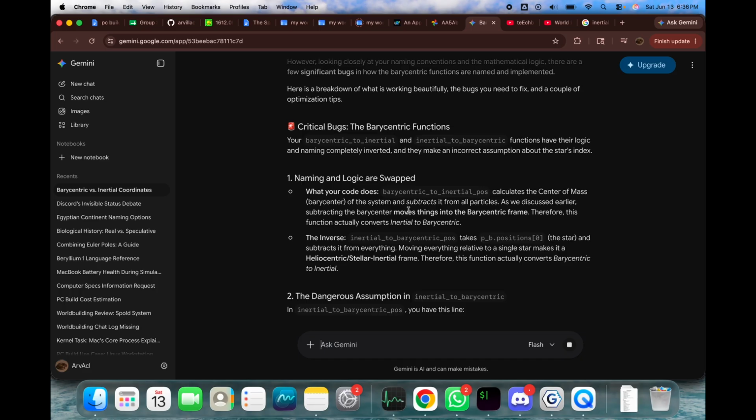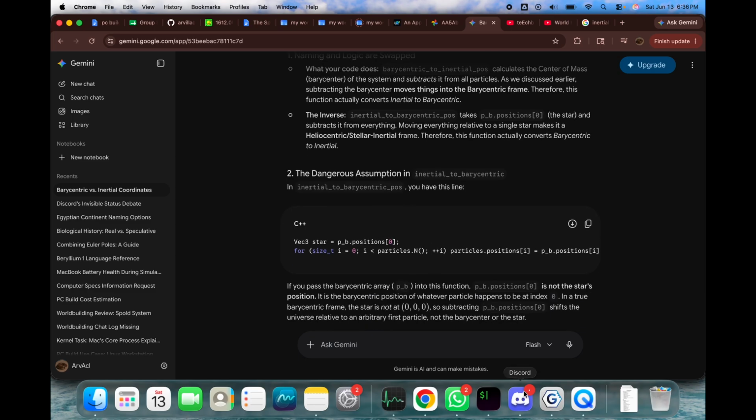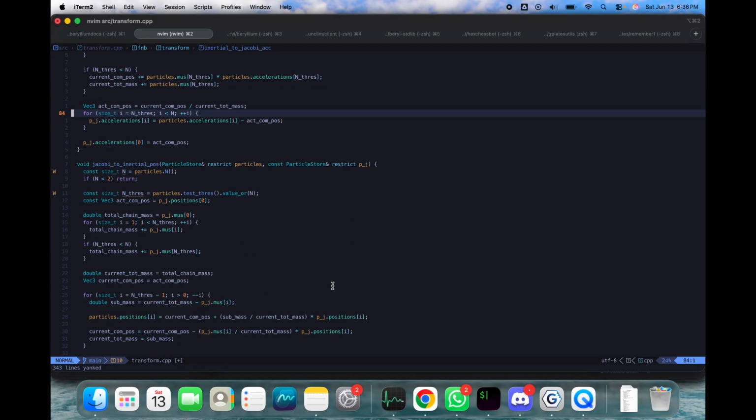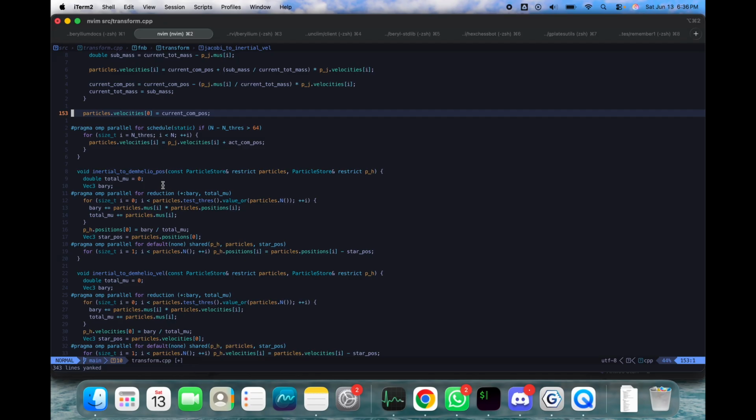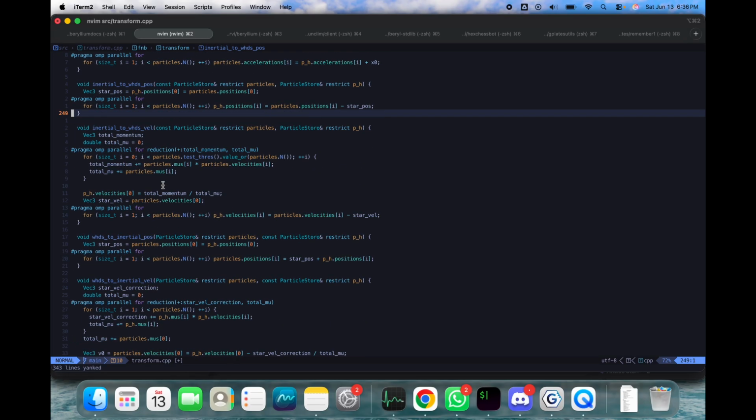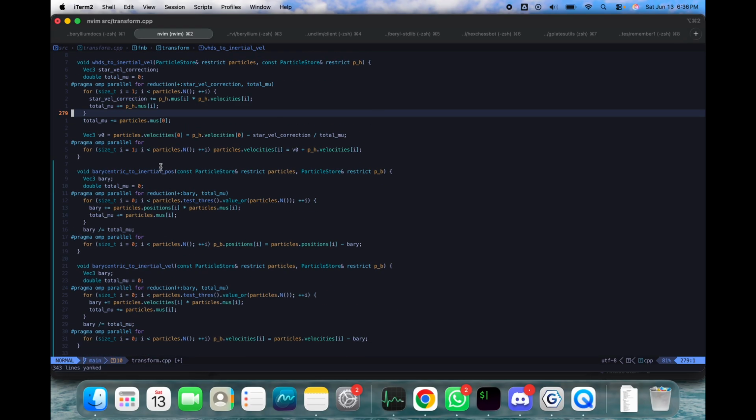Okay, what is the error? With the code.barycentric and a little pause things into the... I swapped names. Oh, fine. That's fine, I guess. Yeah, that's just naming something. It's not that severe.